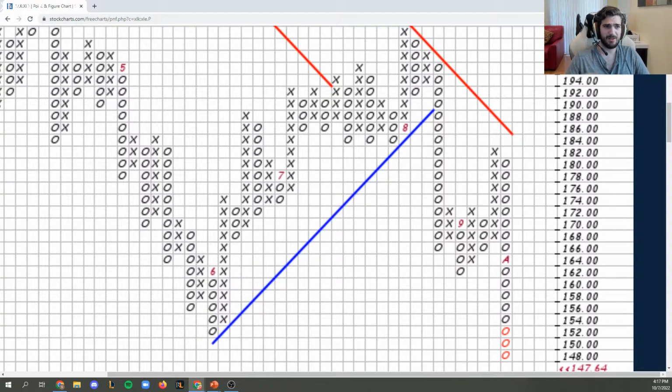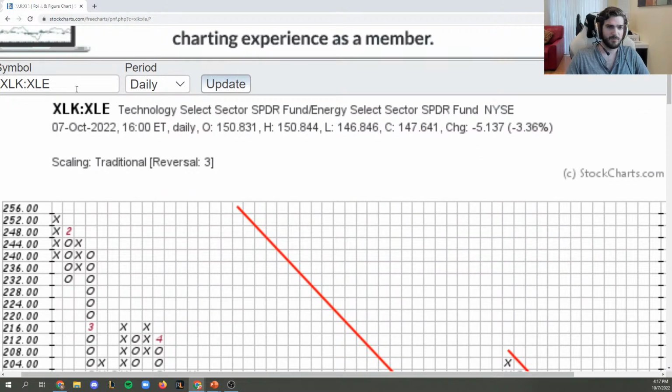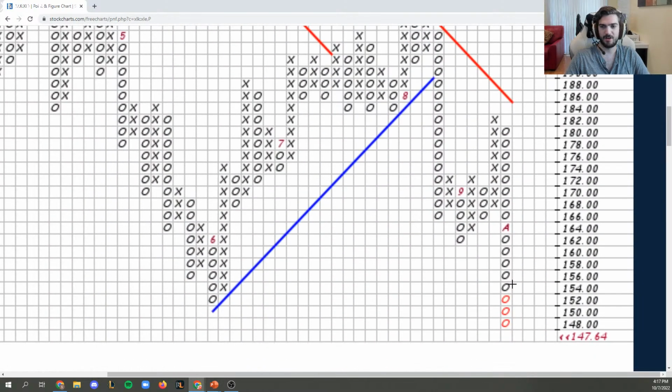As far as relative strength is concerned, technology, which is the thing that we're looking at, is weaker than energy, the thing we're comparing it to, in the short term, because it's in a column of O's. It is also weaker than energy in the long term because it's on a sell signal.